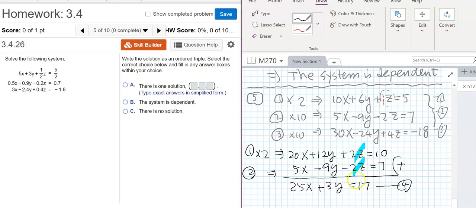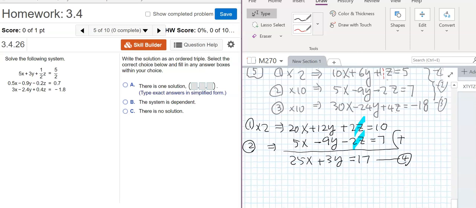I need another equation like that. I haven't used equation 3 yet, so I have to use it. So now, how about equation number 2? Well, you can use 1 or 2. I'll use 2 because this is negative 2z. I want to make negative 4z to cancel z here.